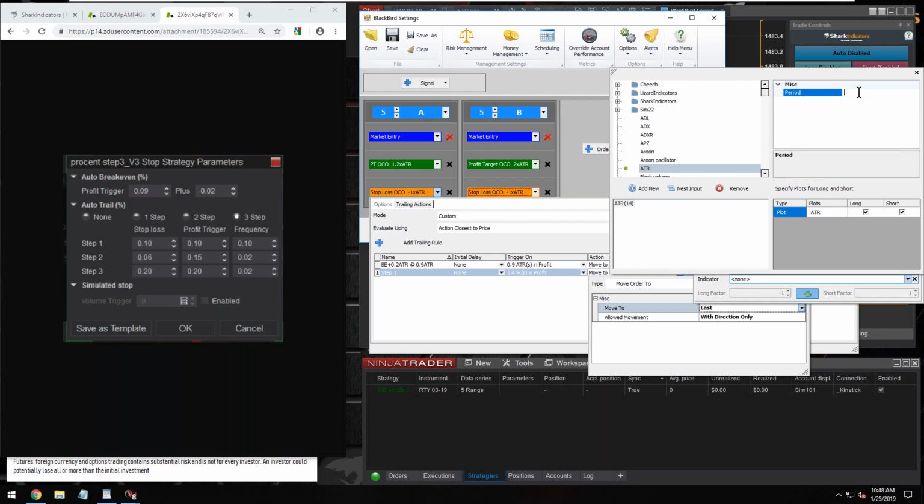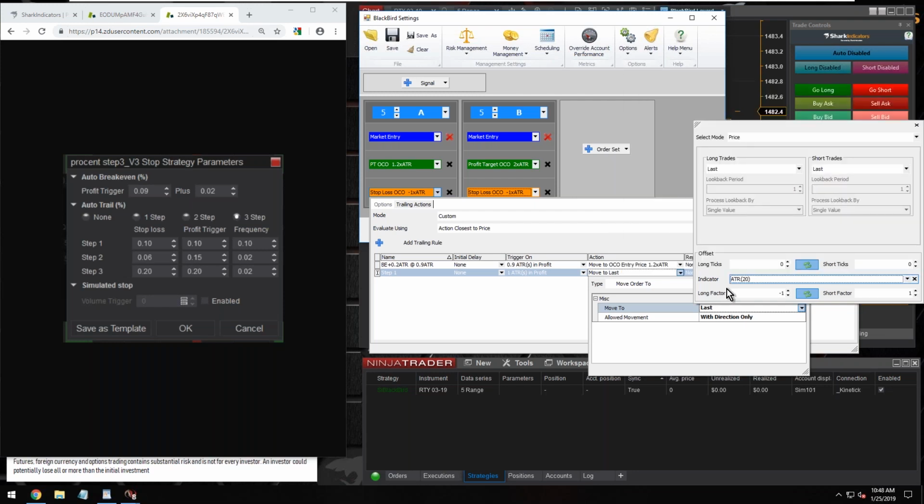And let's make that a 20 period again. There we go. And then what's our offset? It's 1 ATR. Yep, so step 1 has a stop loss of 0.1%. And so we're converting that over to 1 ATR. All right. Now stop losses are always underneath price, right?